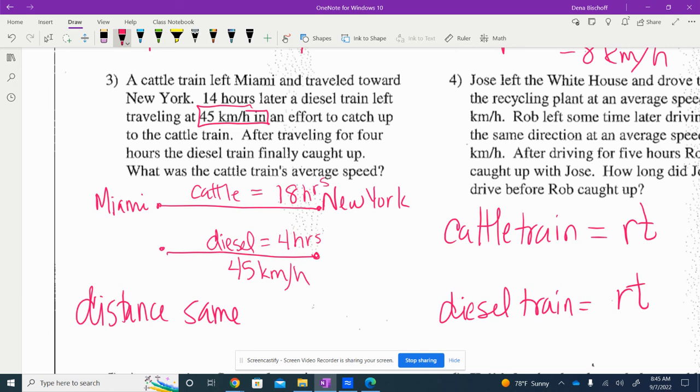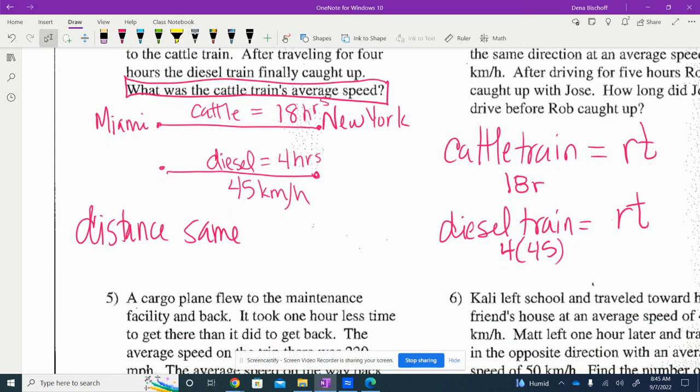Well, we know the time, but do we know the rate? We're trying to find the rate on the cattle train. So do we know it right now, or should we use the variable R? So the cattle train has a distance of 18R. What about the diesel train? 4 times 45, right?